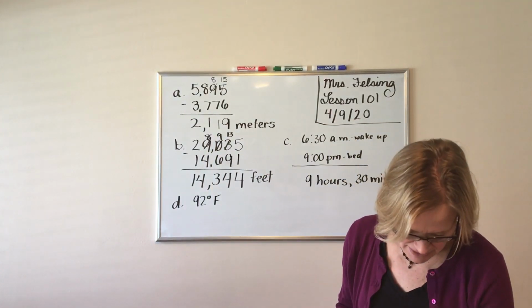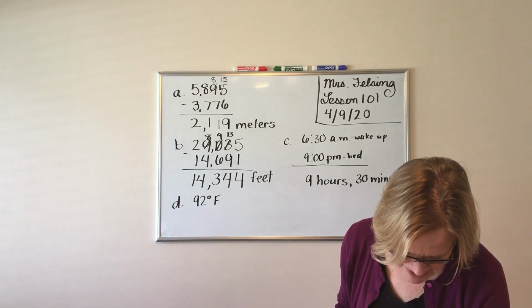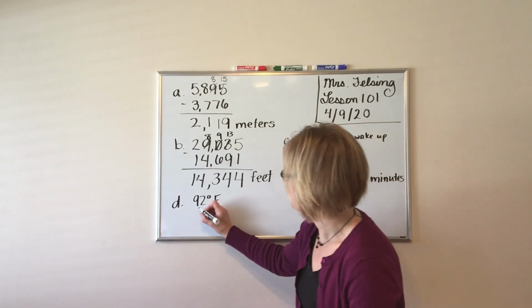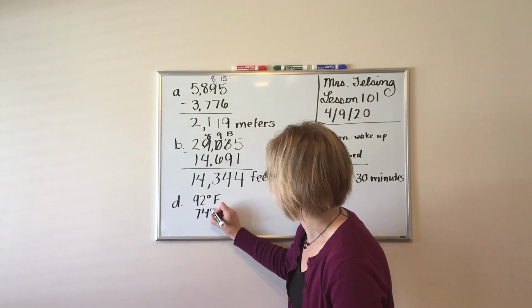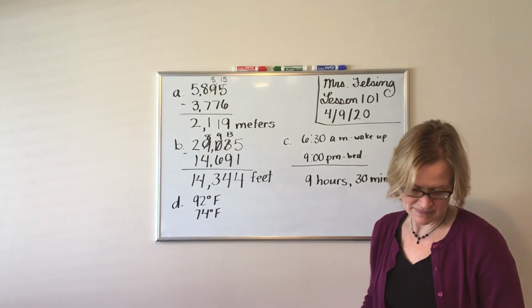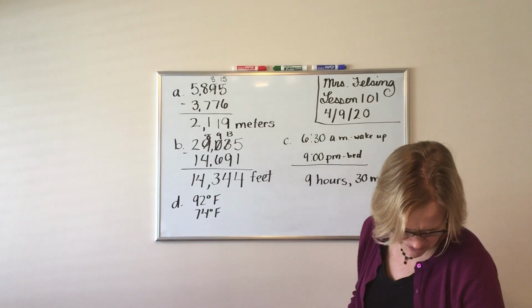And then I look at the second thermometer on the right, and it looks like it still goes by 2s, and this is 74 degrees Fahrenheit. Okay, so 92 degrees at 4 o'clock.